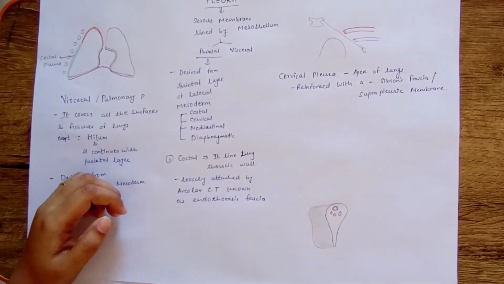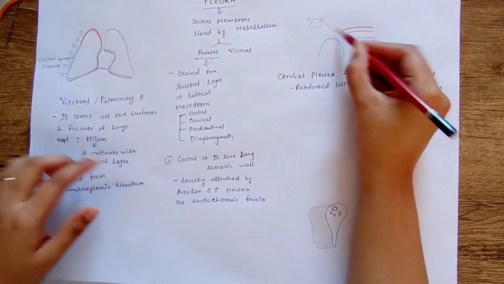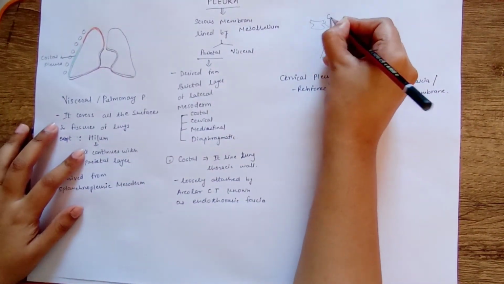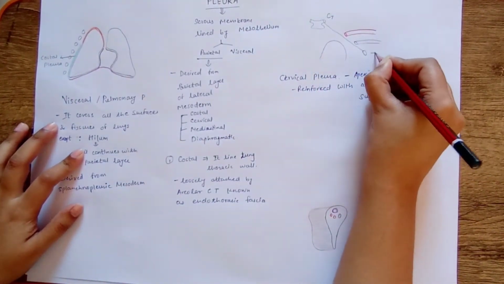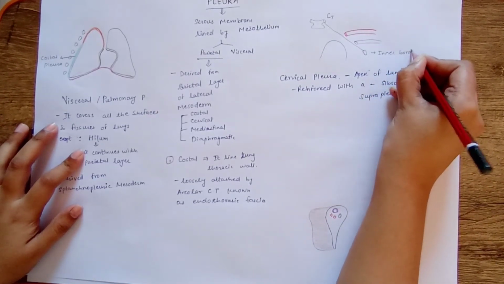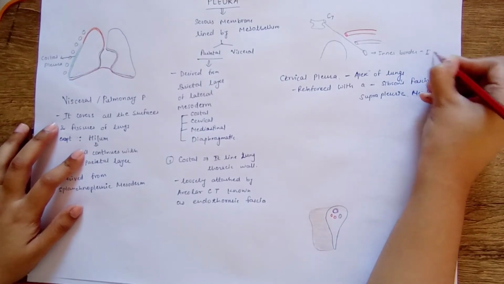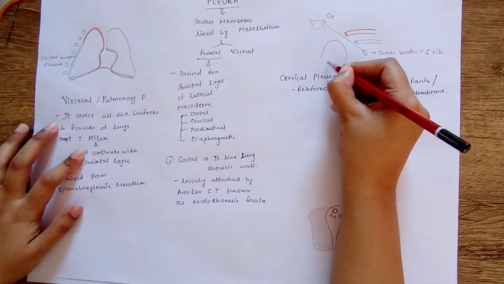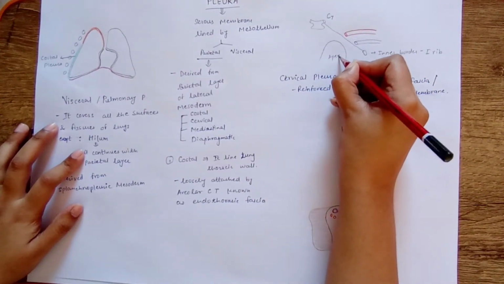So in this figure, see, this is the C7 vertebra and this is the inner border of the first rib. And this is the apex of the lungs.